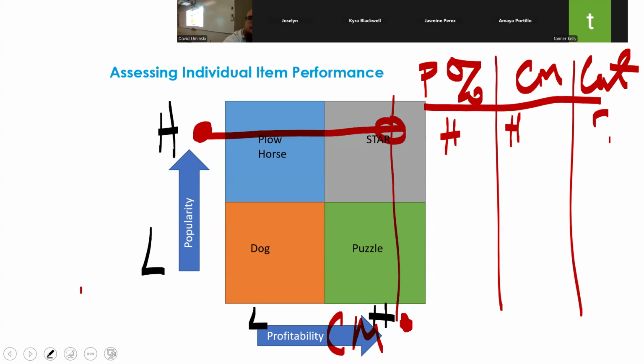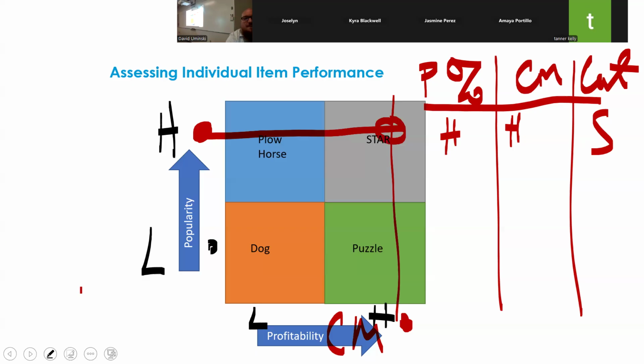In the star, okay? So if it's highly popular and it's a high contribution margin, that means it is our star performer or star performers, okay? So a lot of people like it and it brings us a lot of money. It contributes to our bottom line, okay?